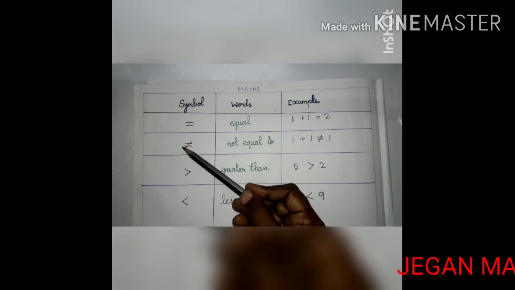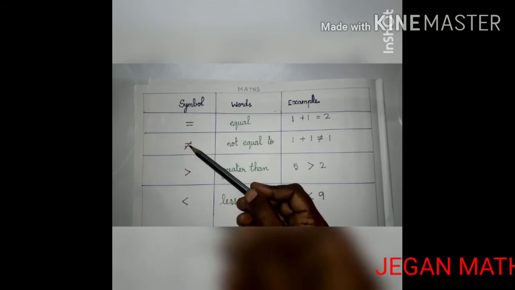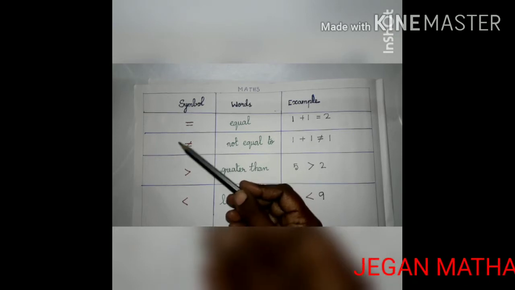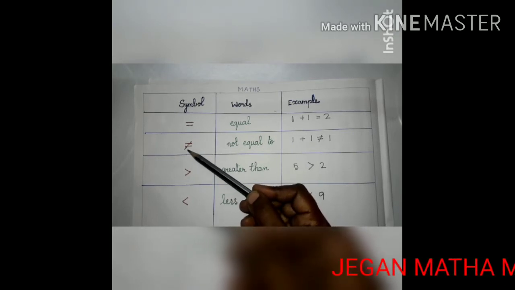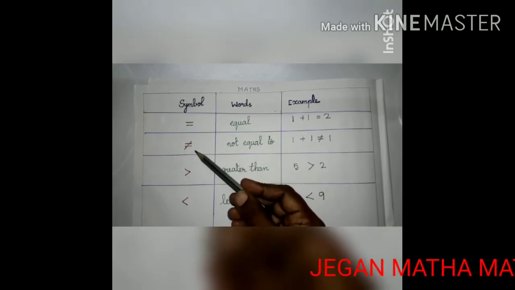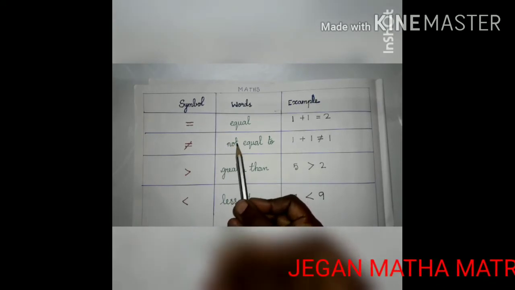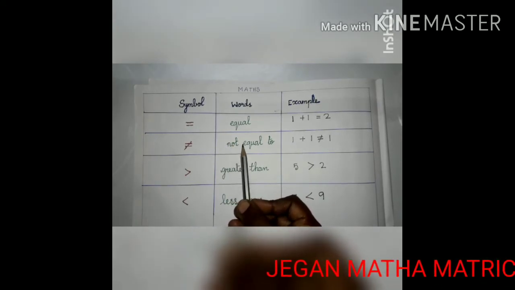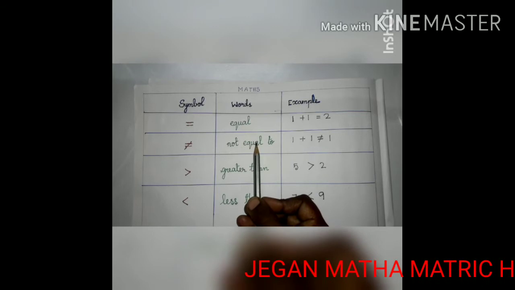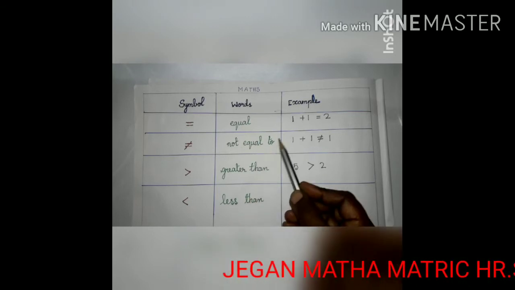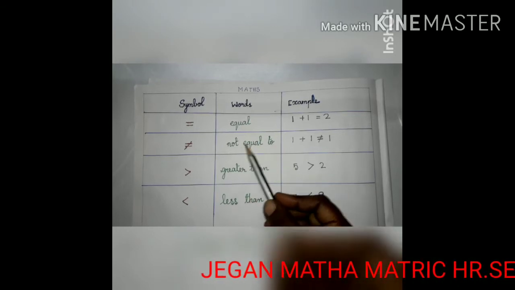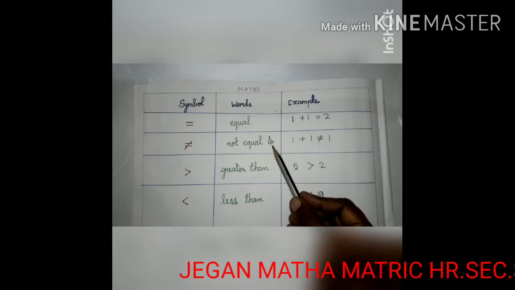This is the not equal sign. What is it? Not equal. What is the spelling for not equal? N-O-T, not. E-Q-U-A-L, equal. T-O, to. Not equal to.